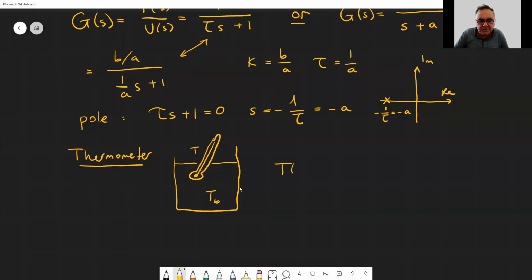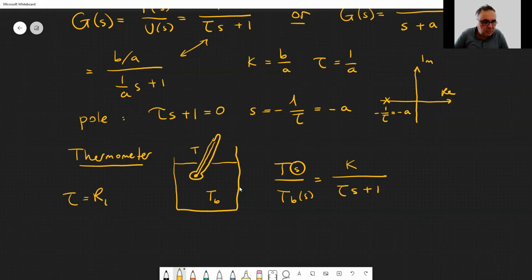So T of S divided by TB of S is, as we know, a first order system, K over tau S plus 1, where tau is the thermal resistance of the thermometer times the thermal capacitance of the thermometer.